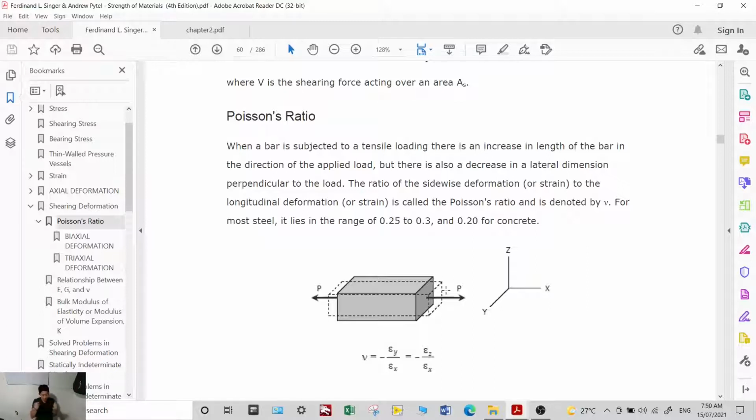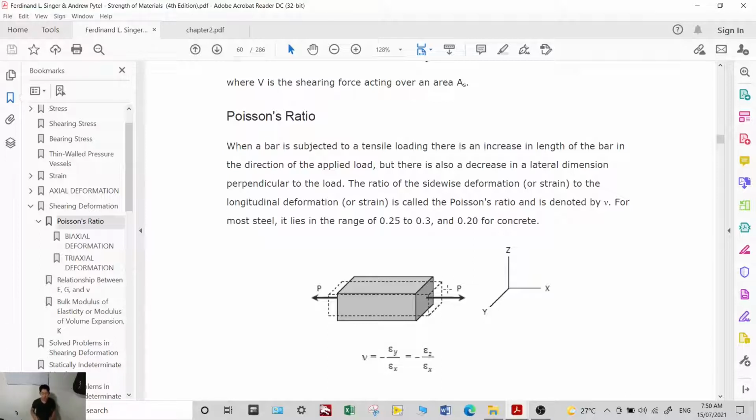So if you pull it, its length decreases with respect to the y axis and also with respect to z. Like when you pull a rubber band, when you stretch the rubber band, its length elongates, but you will observe that its diameter gets smaller, since it is round, until the time that it breaks.